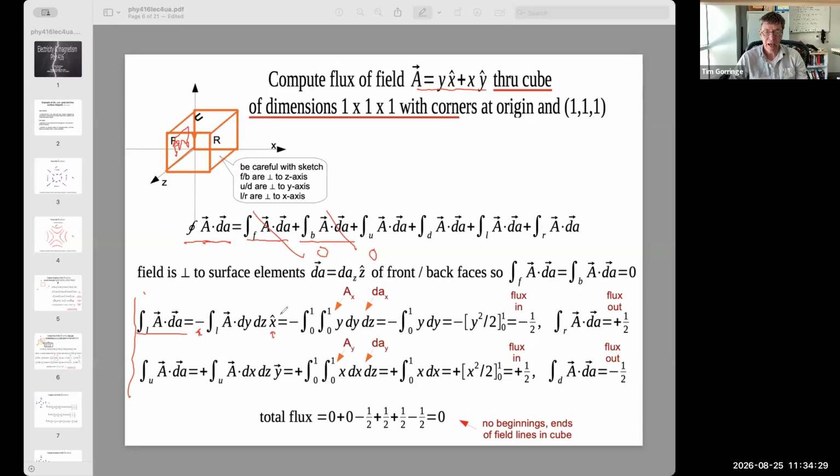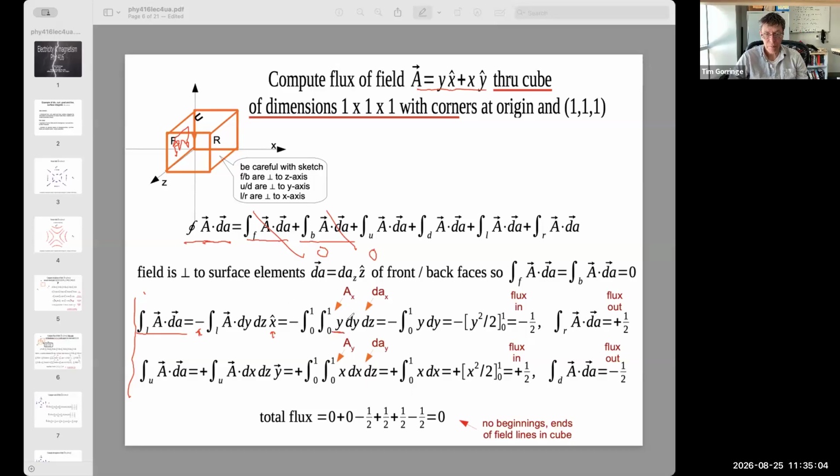And I'm carrying it out at the location of this surface, and the location of this surface will be x equals 0. Okay, so we want the x component of this field. And if we look upstairs here, the x component of this field is determined by the y value. So carrying out this dot product, a dot x hat, just gives me this y here.